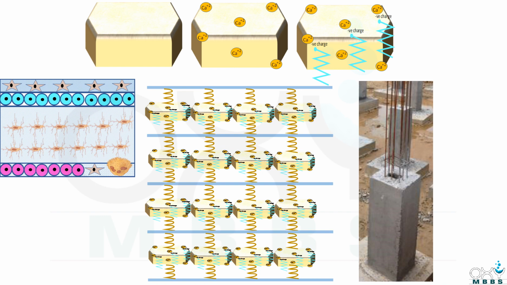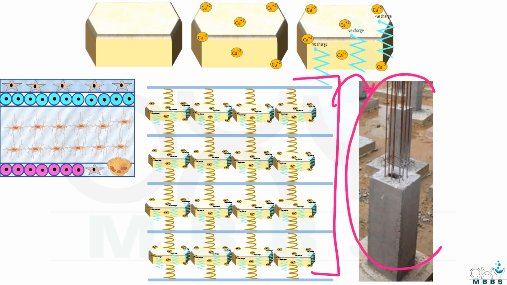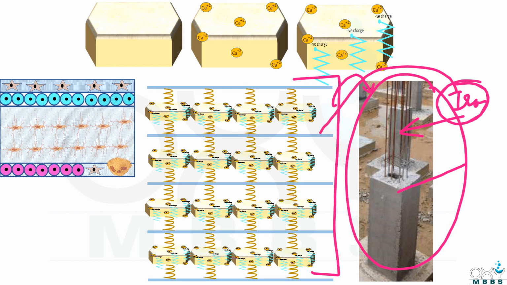Now friends, for simplification, this structure of bone can be related to this column which is made up of concrete and rods. So these iron rods are our collagen proteins, and this concrete cement material is our mineral part, that is hydroxyapatite.